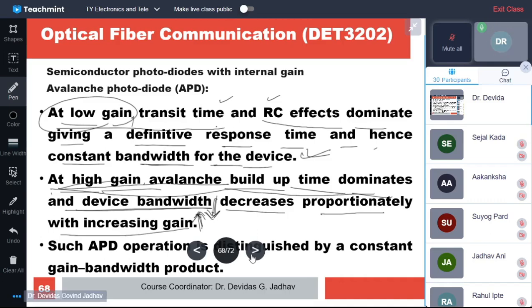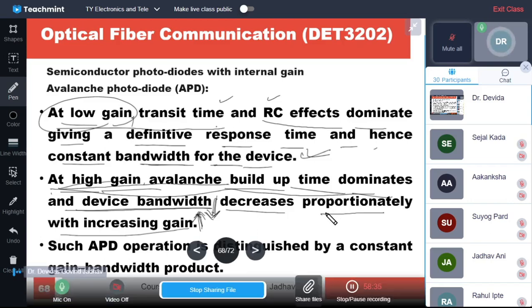Okay. So this is the APD property. It is having a constant gain bandwidth product. Gain and bandwidth multiplication product, the gain bandwidth product, is a constant.